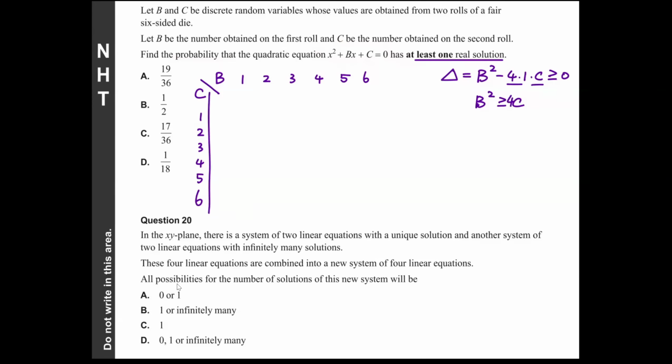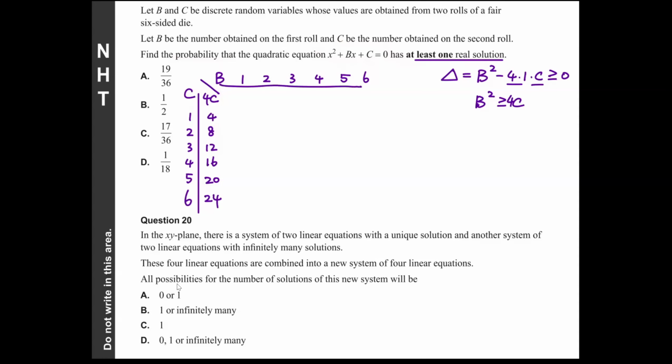I might also get an augmented column next to C. I'll put a 4C here. That's 4, 8, 12, 16, 20, and 24.